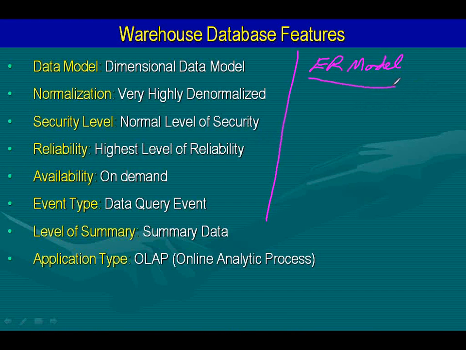So what makes the difference actually? There it would be normalized, all the tables will be separated and they give a relationship between the tables, and normalized data will be there.